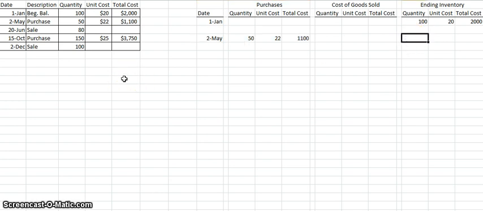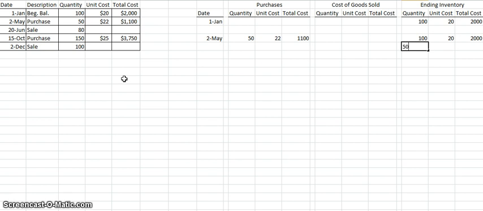And this is going to be very important as we go through FIFO versus LIFO for perpetual when we have sales transactions. I'm going to restate my ending inventory each time we update it. So, do we still have the 100 in ending inventory? We do. We haven't done anything with it. It's still sitting there on the shelf. So, I'm going to bring that one down because it was there first. I have to keep these in order.